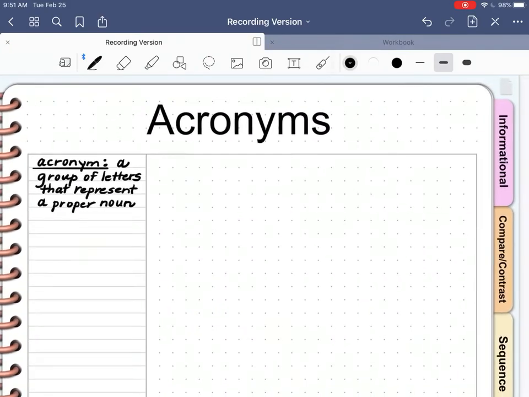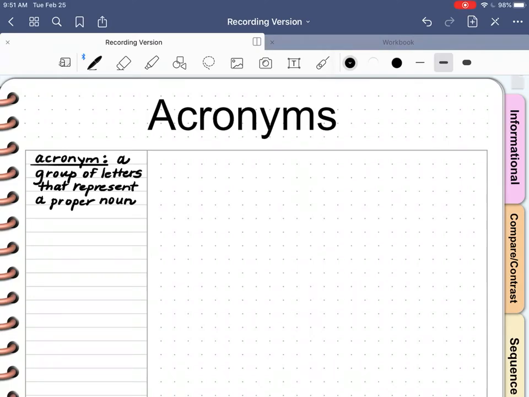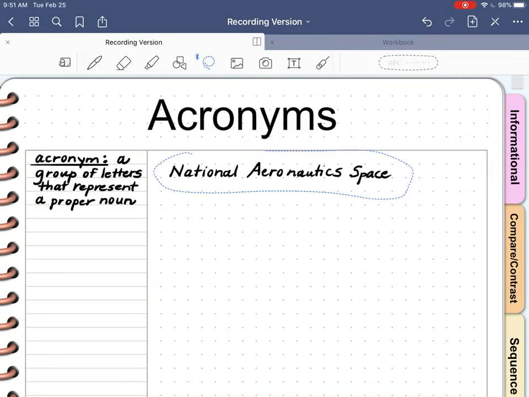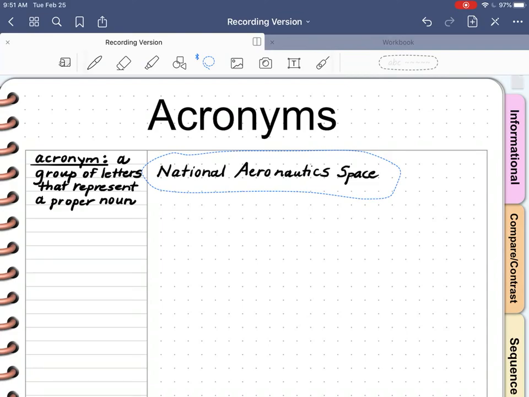For example, National Aeronautics, actually it's aeronautics, Space Administration.